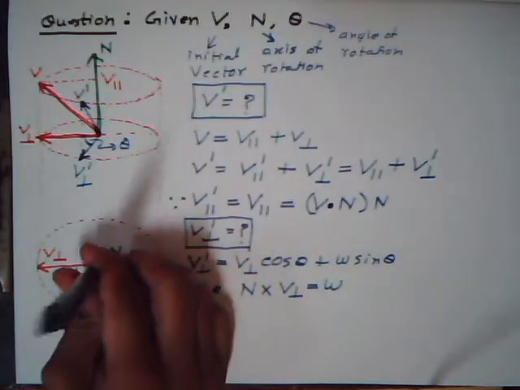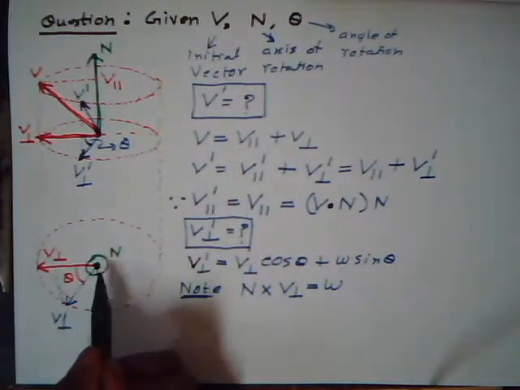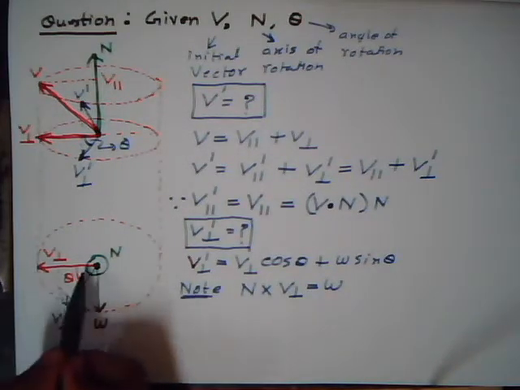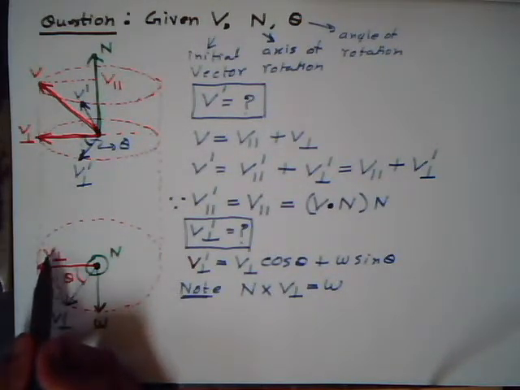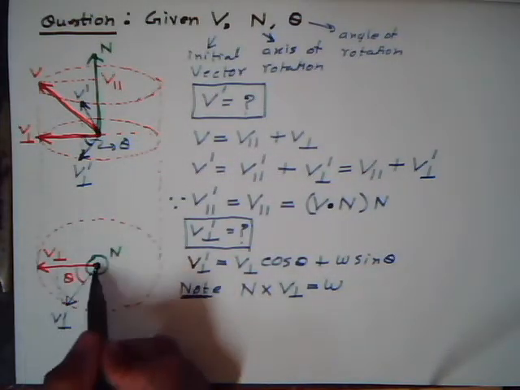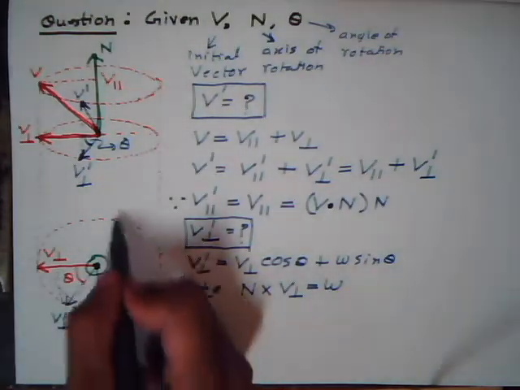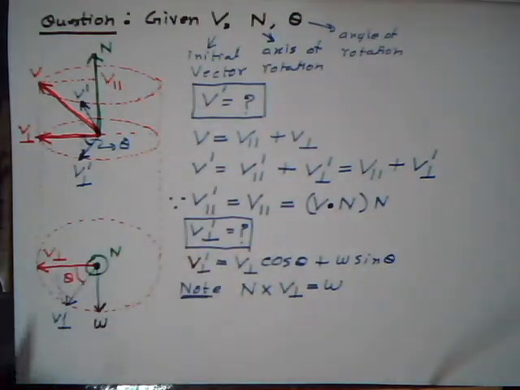And since the magnitude of n is equal to 1, the magnitude of the cross product will be equal to the magnitude of v perp, which will be equal to w, because both w and v perp are the radii of this circle.